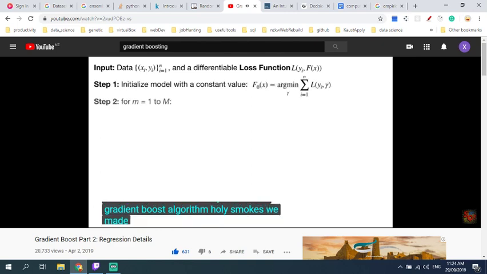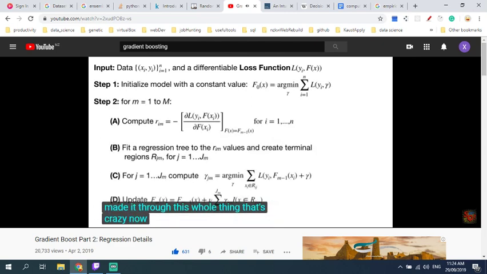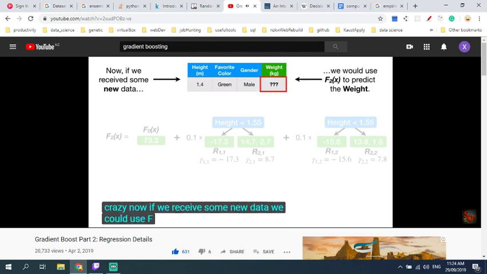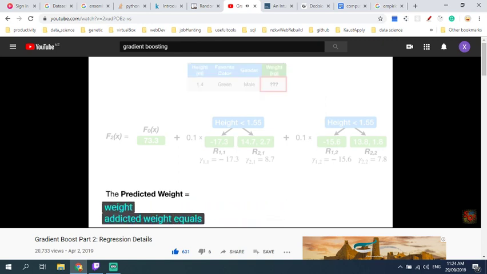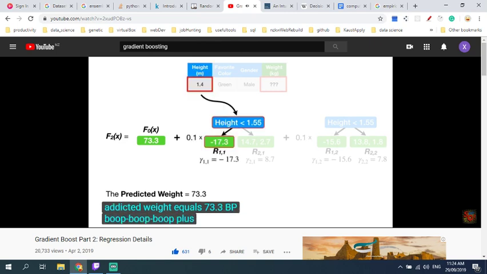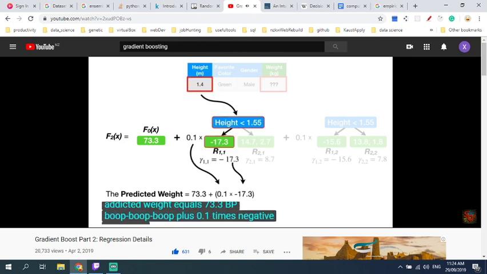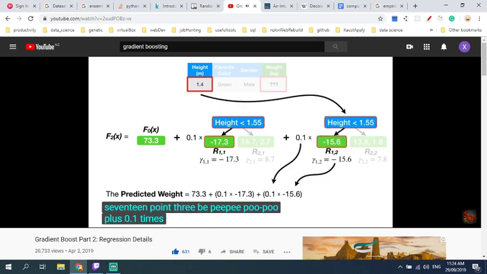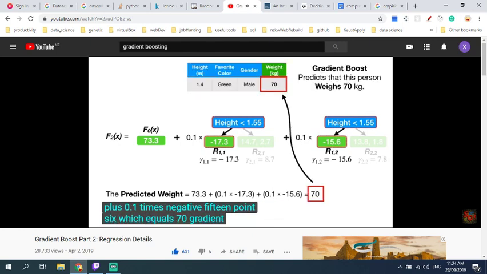Holy smokes, we made it through this whole thing. That's crazy. Now if we receive some new data, we could use f sub 2 of x to predict the weight. The predicted weight equals 73.3 plus 0.1 times negative 17.3 plus 0.1 times negative 15.6, which equals 70. Gradient Boost predicts this person weighs 70 kilograms.